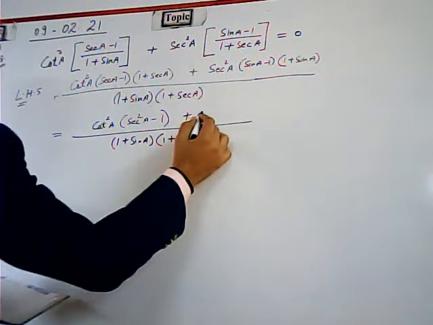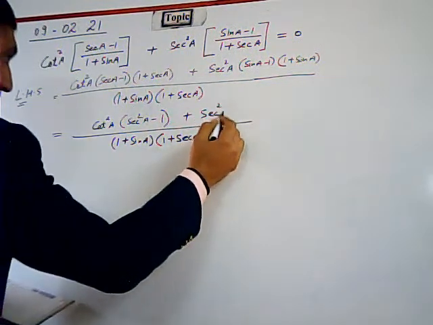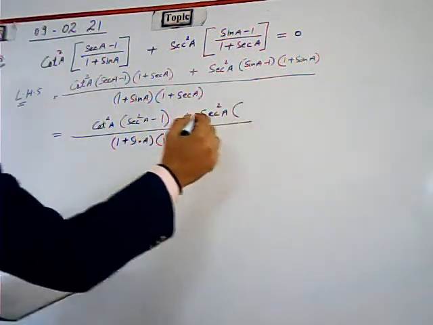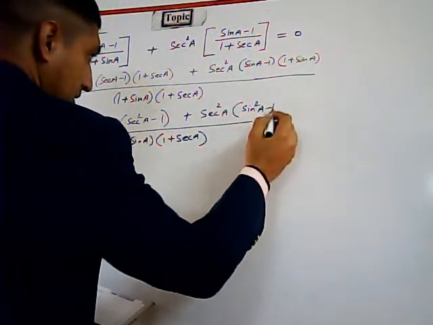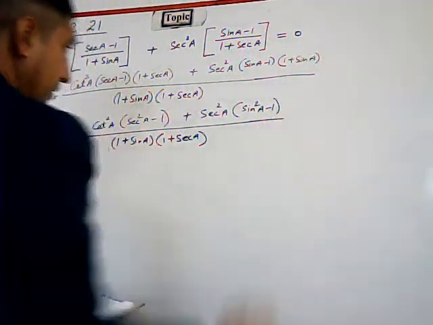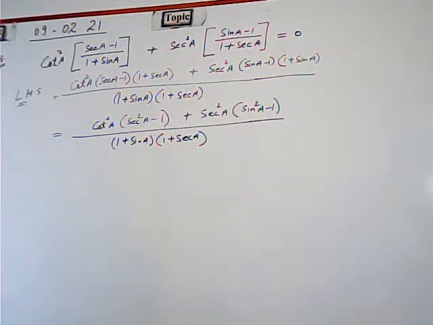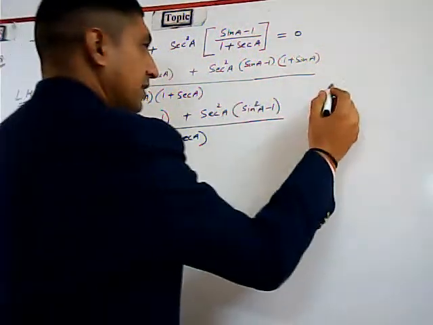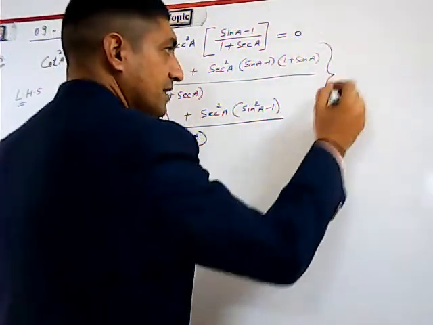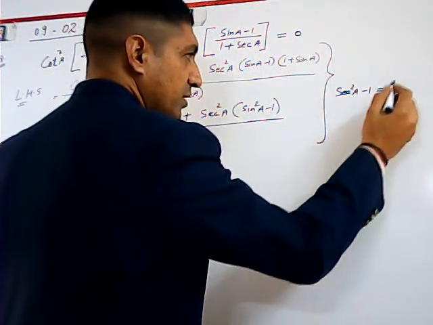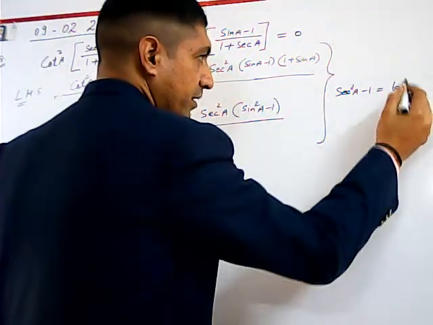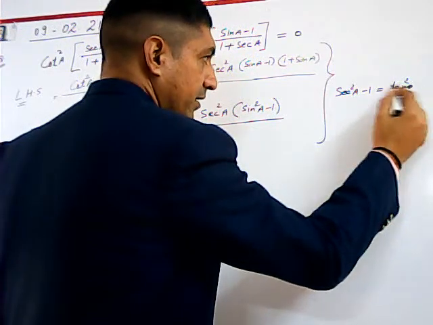Okay, and here we have secant square A into sine square A minus 1. Right? So we know the identity here, that secant square A minus 1 is equal to tangent square A, right?